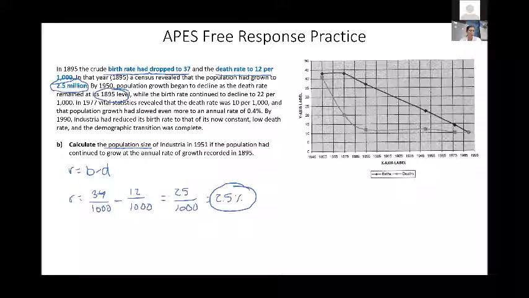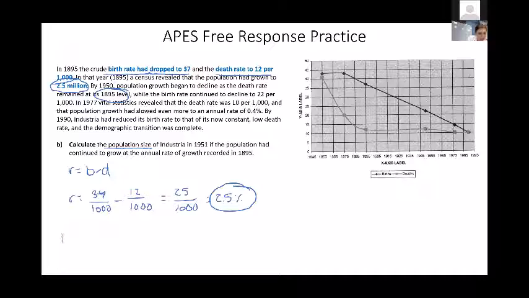So that's 2.5%. Now we're talking about a pretty large jump in time, 1895 to 1951. And all I can know is that at any given time in this period, the growth rate is happening at 2.5%. This is instantaneous. So I'm going to need to use the rule of 70 to solve the rest of this.